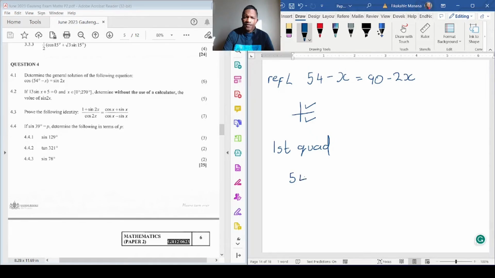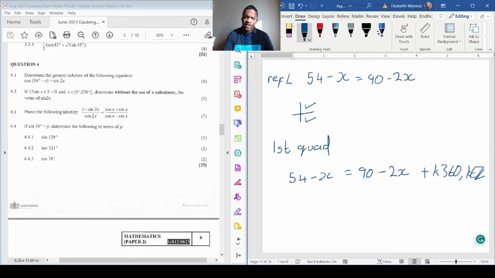So 54 minus x is equal to the reference angle, which is 90 minus 2x plus 360k. Then you have to define k as an element of the integers, and then we do the gymnastics.